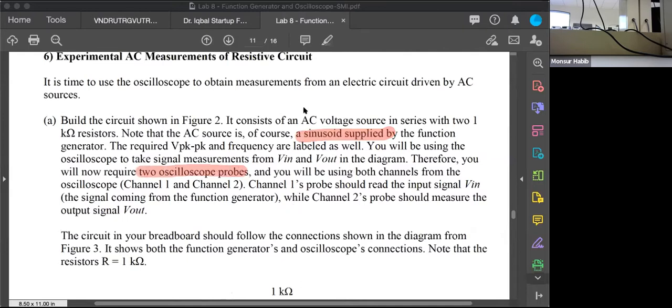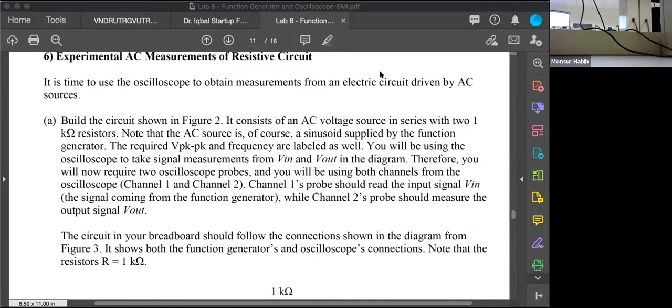Now, why are we using both channels? One is because we are comparing the input signal with the output signal. We are measuring what's coming from your function generator, and we are measuring what is coming out of your circuit.